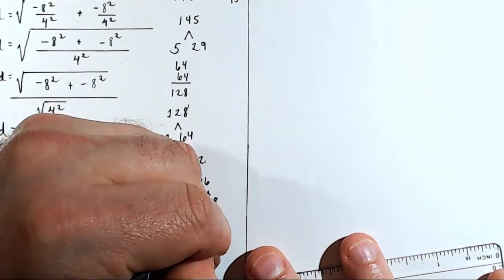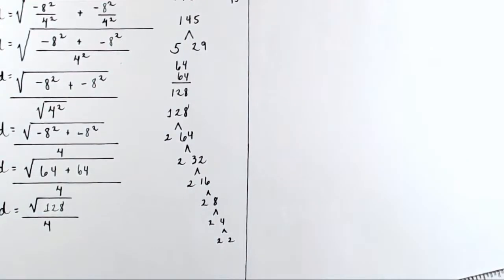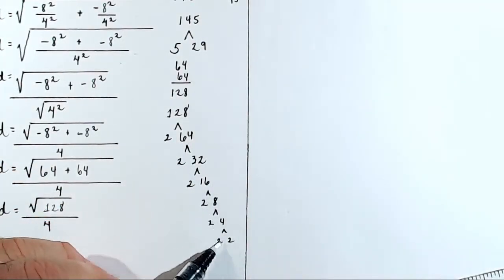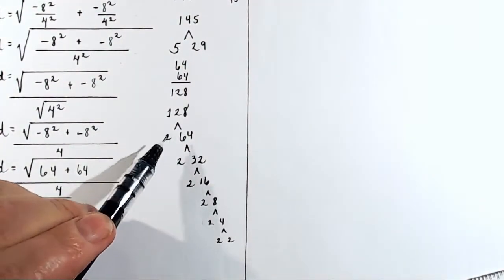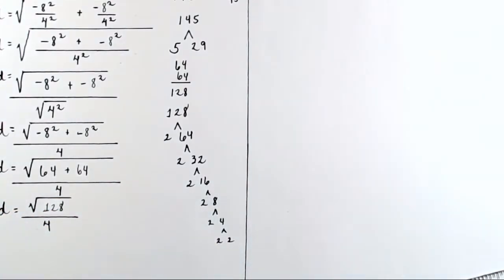And 4 is divisible by 2, and that would be 2 times 2, like that. So now how many of these 2's do I have? 1, 2, 3, 4, 5, 6, 7.